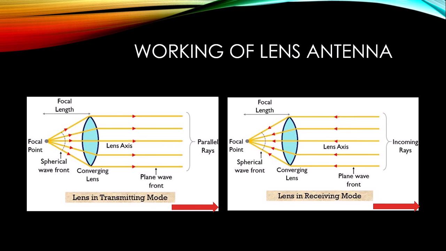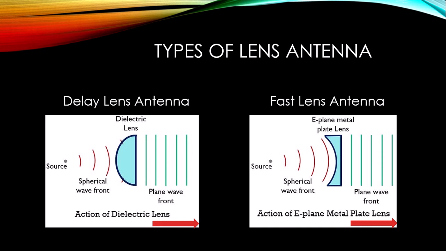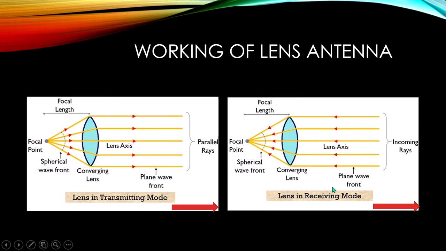So consider the below figure here. The parallel rays that are incident on the surface of the converging lens converge on the left hand side, as I said earlier, at the focal point due to the refraction mechanism.